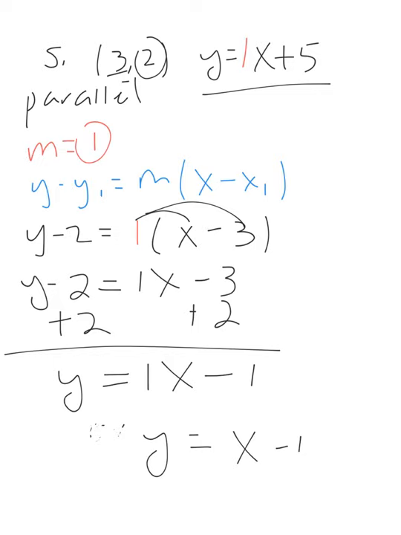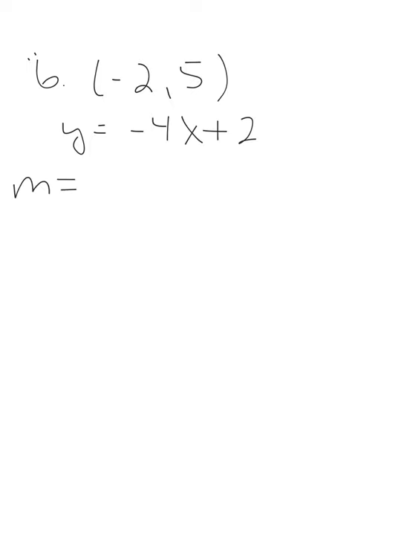Let's take a look at number 6. Get a new page. Okay. So number 6 is negative 2, 5. Y equals negative 4x plus 2. We want the parallel slope. Slope is negative 4. Parallel must be the same slope.